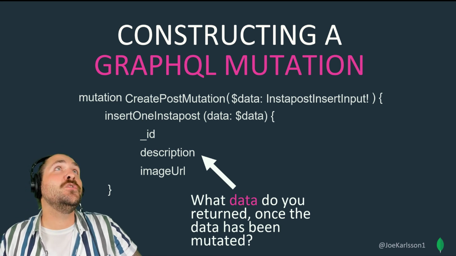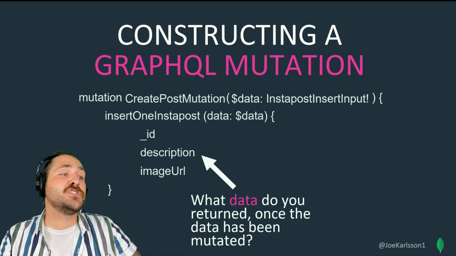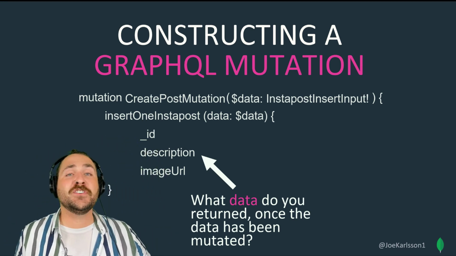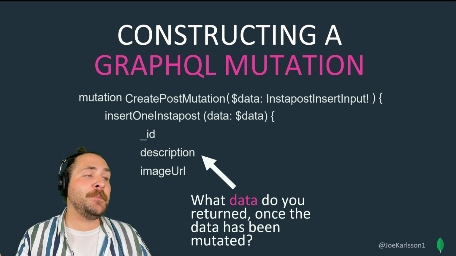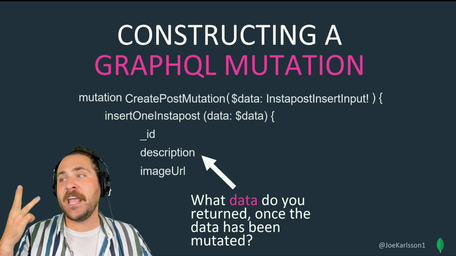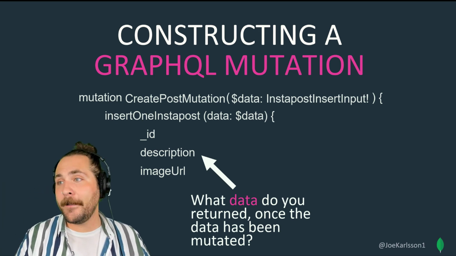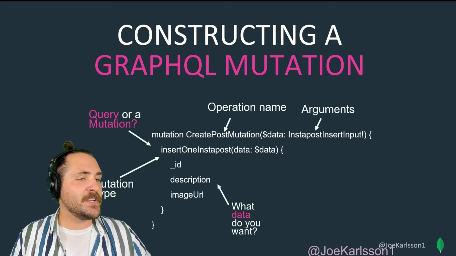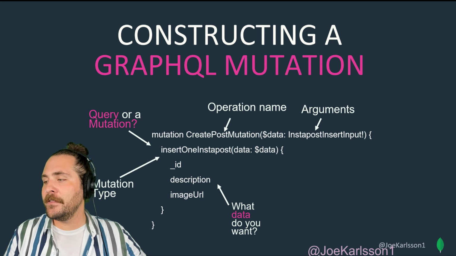Actually, in this part too, this is the data that you will be returned. This is like the receipt that it went through correctly. So it says, once I've inserted it into the database, please supply me back with the ID, the description, and the URL. And that's it. That's it. So, let's do a quick little recap here. I'll show this later on at the end here.